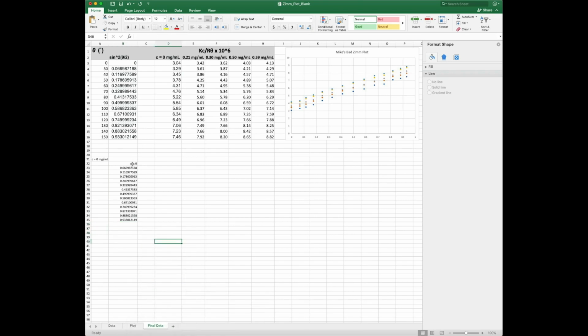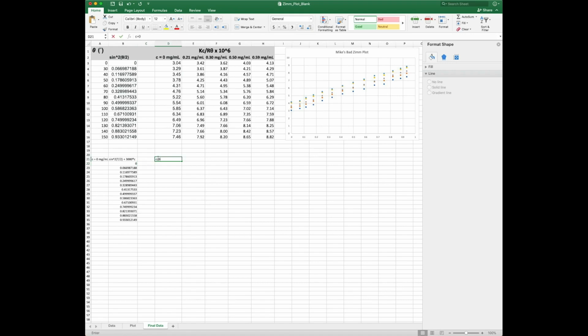And that's going to be sine squared theta. Let me just write it in here. This is sine squared theta divided by 2 plus 3,000 times C. And that's for a concentration of 0. Of course, I could do the same thing here. Let me space it out.